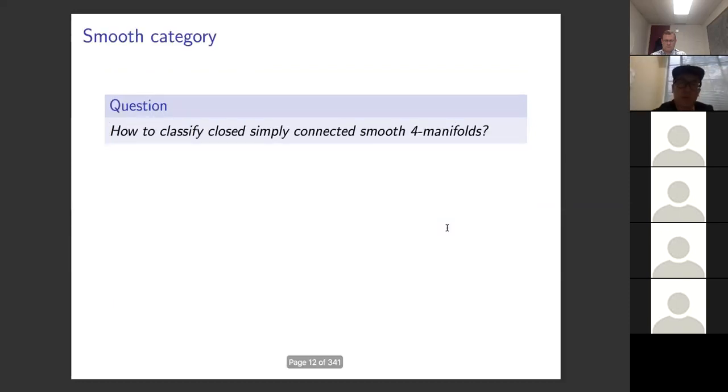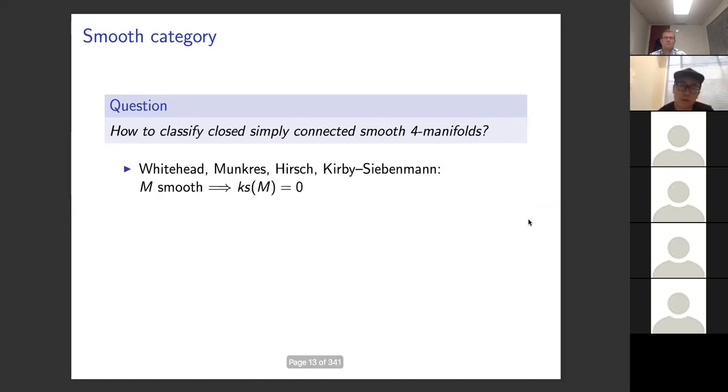So let's move into the smooth category. How do we classify all closed simply connected smooth 4-manifolds? We already have the list in mind, the list of all the topological 4-manifolds, and we can build up from there. A theorem by Whitehead, Moncrief, Hirsch, and Kirby-Siebenmann says that if this manifold is smooth, then the KS invariant has to be 0.